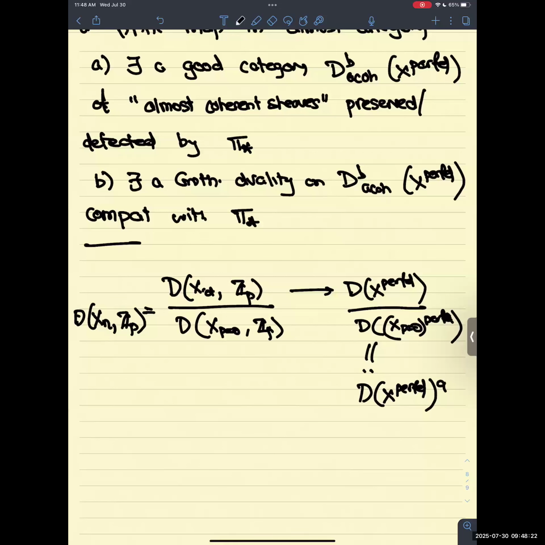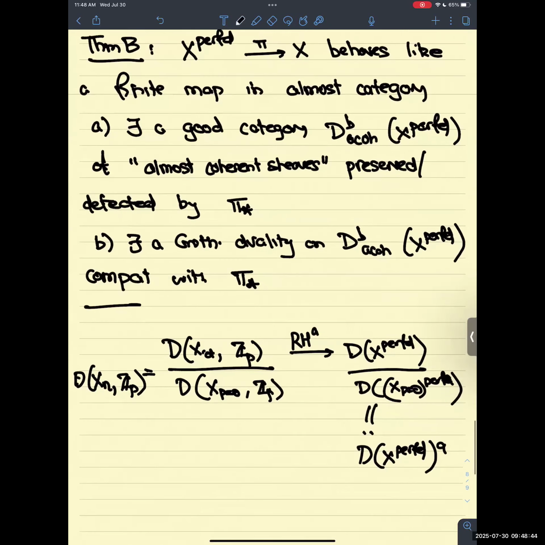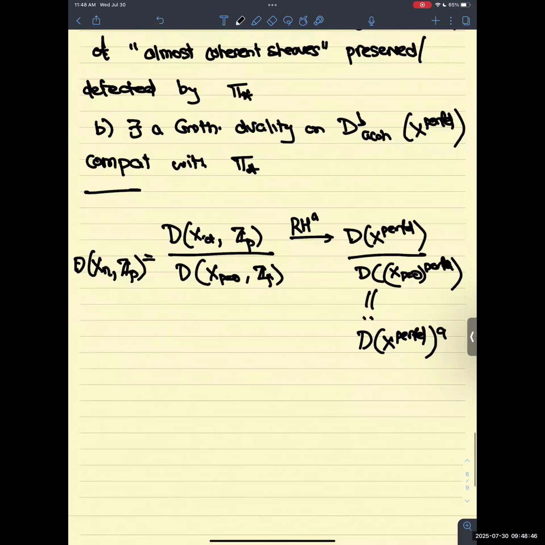And so what I've just convinced you now is that there's actually a functor from sheaves on the generic fiber of X to almost quasi-coherent sheaves on X perfed. And so this is now a mechanism to relay information happening on the generic fiber, topological information on the generic fiber, to coherent information on your integral object. And so theorem C is the statement that this functor is compatible with duality and has other nice properties.